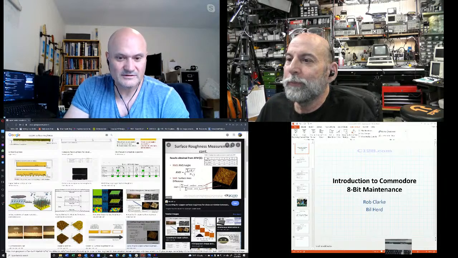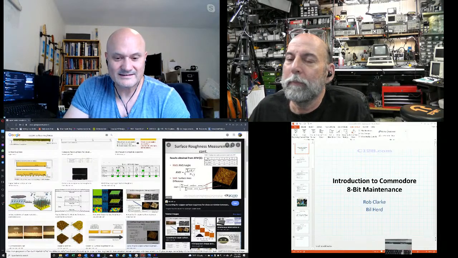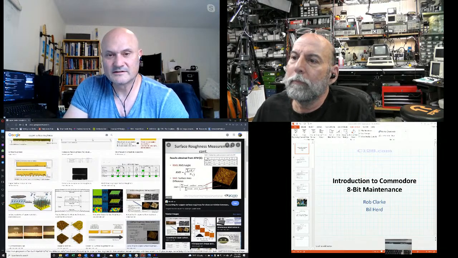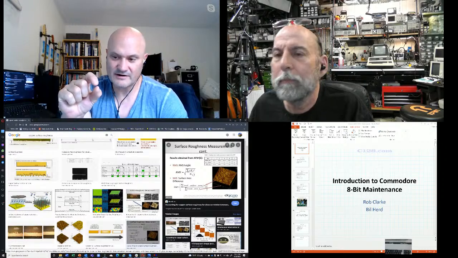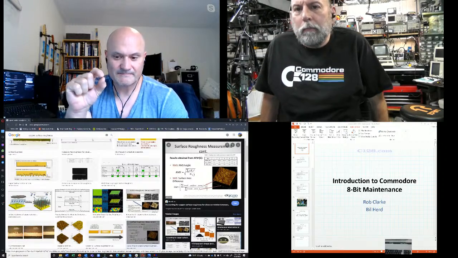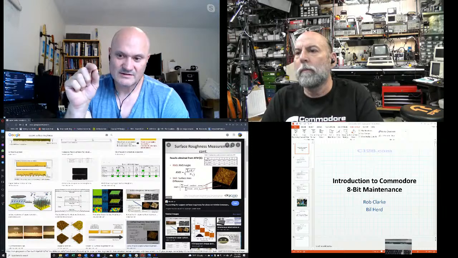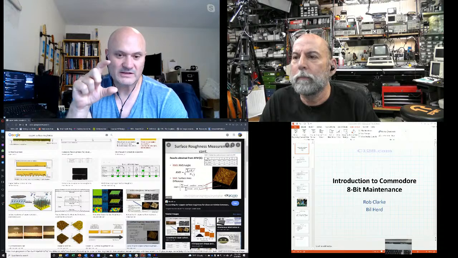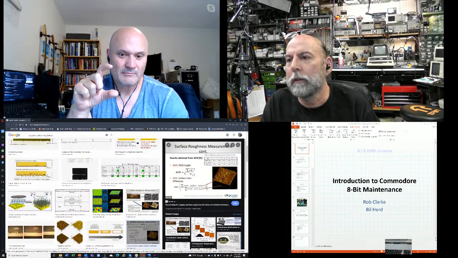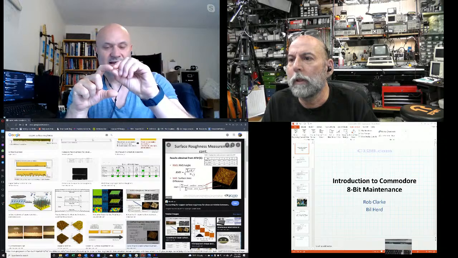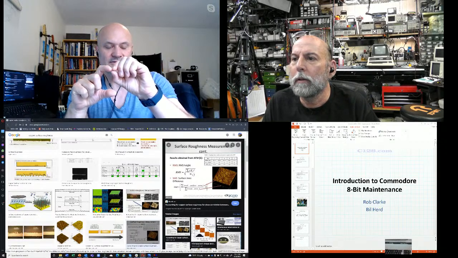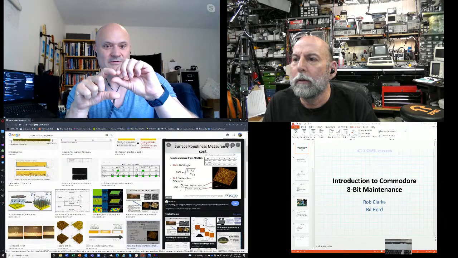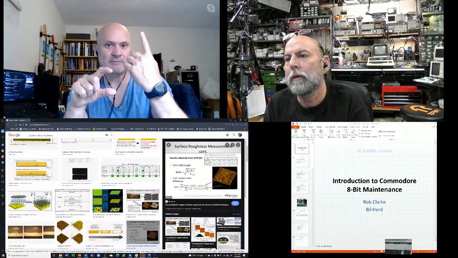Well, skin depth means the higher the frequency of the signal, the thinner the actual conductive area becomes. So you may have a big chunk of copper, right? But at super high frequencies, the electrons only wiggle around in the surface of it, that's called the skin, and the skin depth gets thinner and thinner as you go up in frequency.